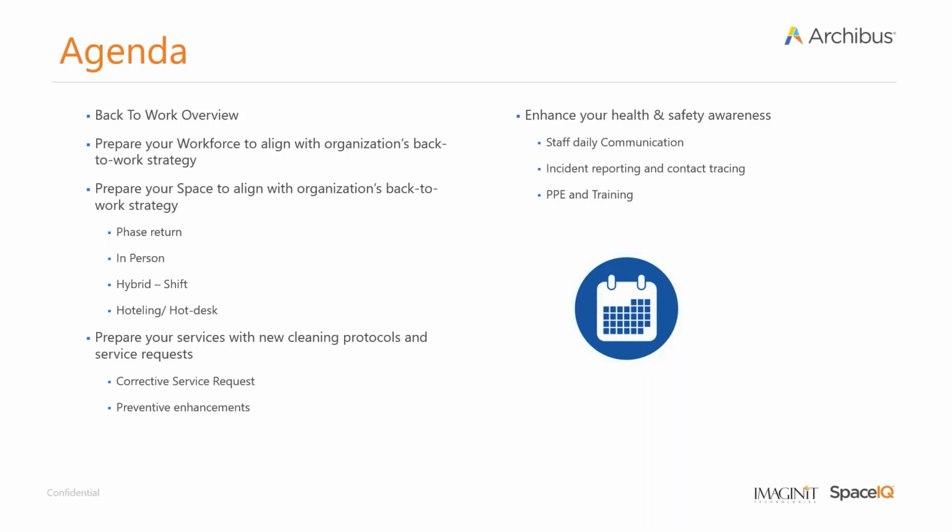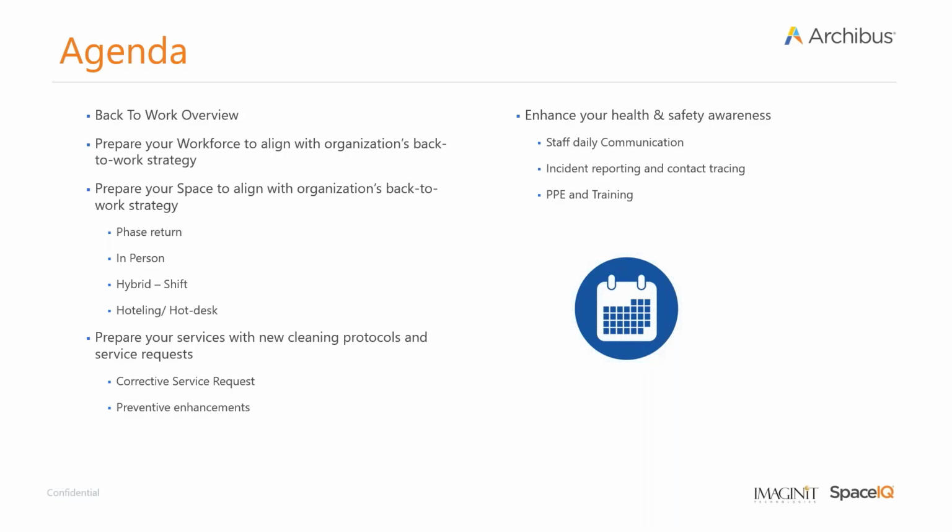Then we'll really break down the presentation into two things. One is preparing and then activating the preparation, or actually running that strategy. So we'll start with preparing your workforce to align with the organization's back to work strategy.